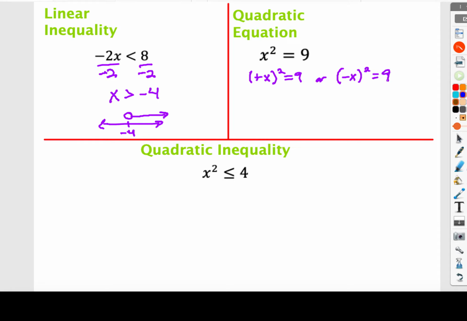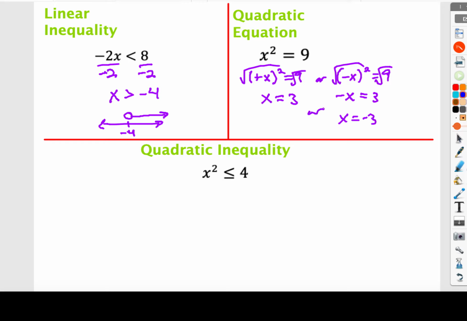A negative number squared is still going to be a positive 9. So when we take the square root of all sides, over here we're just going to get x equals 3. But over here, we get negative x equals 3, or basically x equals -3.